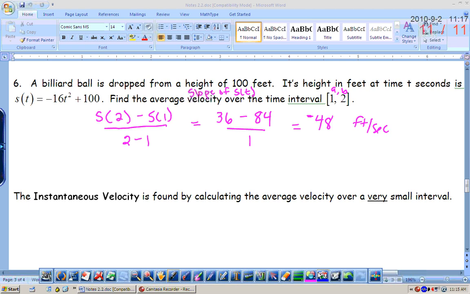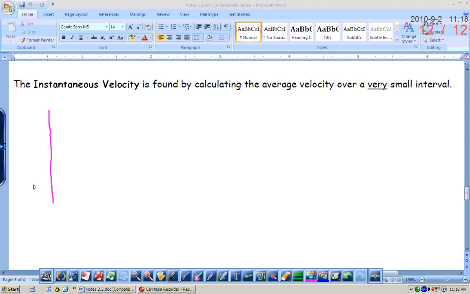The instantaneous velocity is found by calculating the average velocity over a very, very small interval. Okay, so I'm going to go back to the same position function. But instead of letting my second part be B, I'm going to call it A plus H. So just some H value.